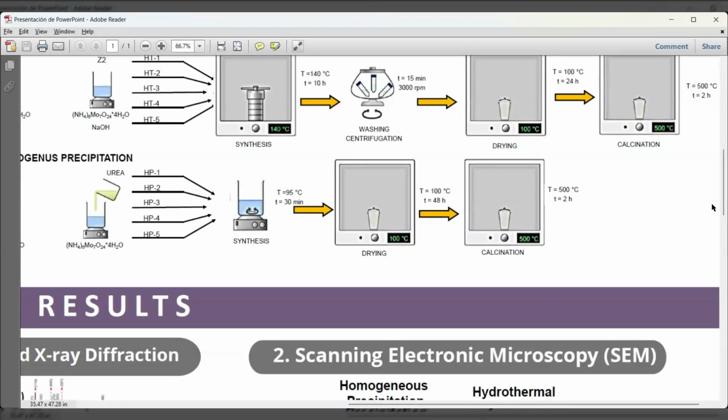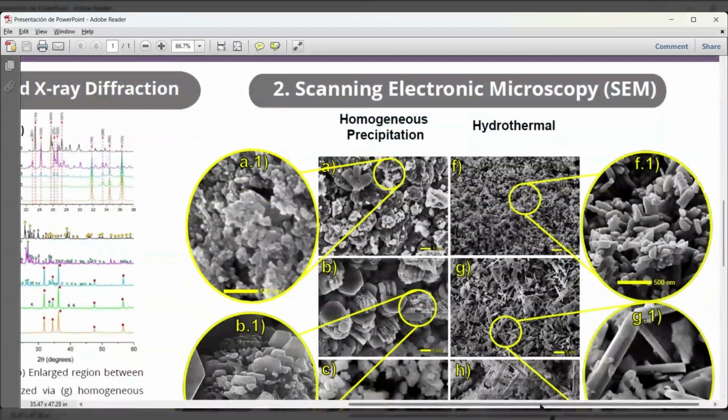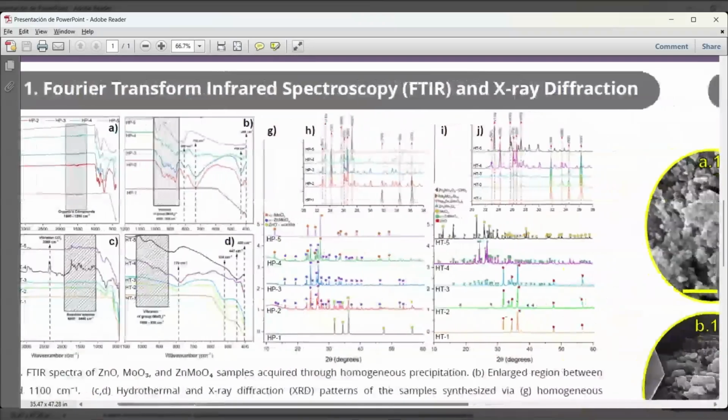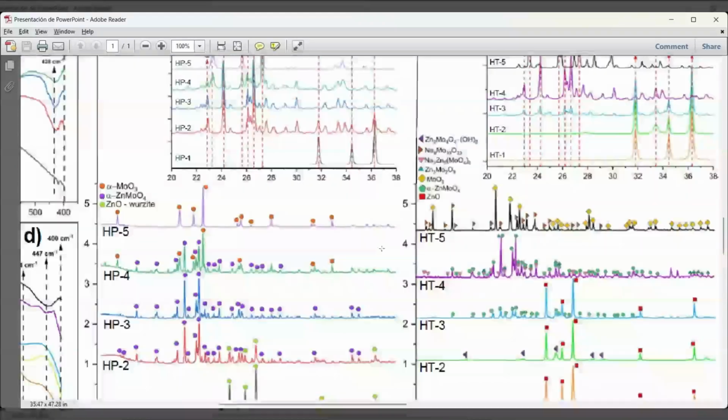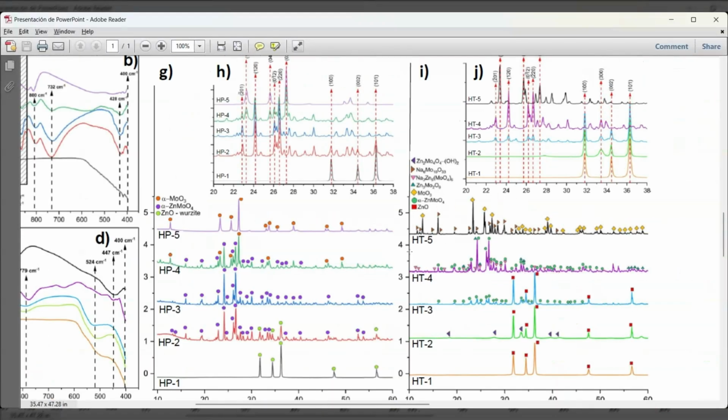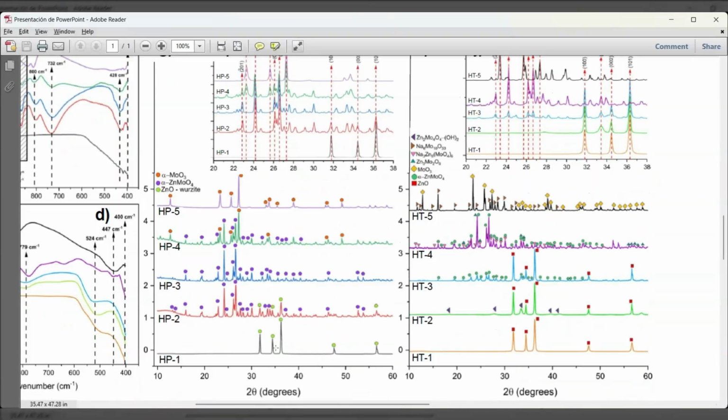The X-ray diffraction results revealed a clear structural evolution as the molybdenum content increases. For the homogeneous precipitation samples, HP1 consists mainly of wurtzite zinc oxide. When molybdenum is introduced, as in HP2, the zinc oxide coexists with alpha zinc molybdate, indicating the beginning of the reaction between the zinc and molybdenum containing species.